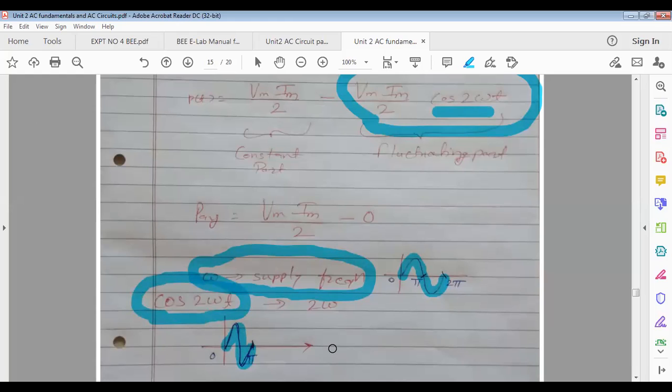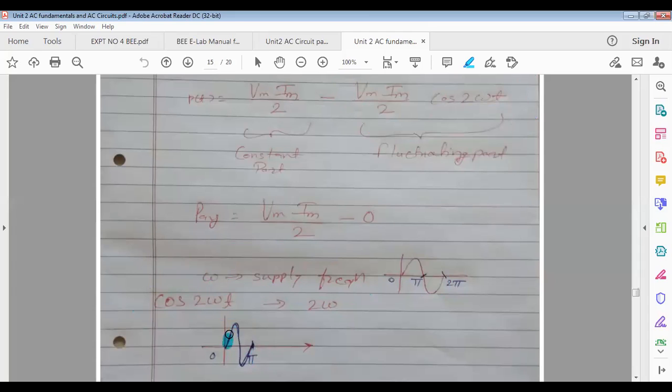And the average value we have seen for an alternating quantity, we consider from 0 to pi. So from 0 to pi, this cos of 2 omega t completes one cycle, means what is its average value? See, these are positive values and all these values are negative, and this waveform is symmetric. It's a cosine waveform. It will be 0.